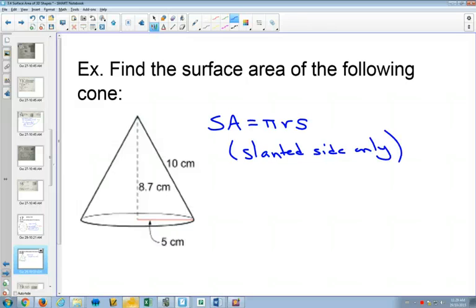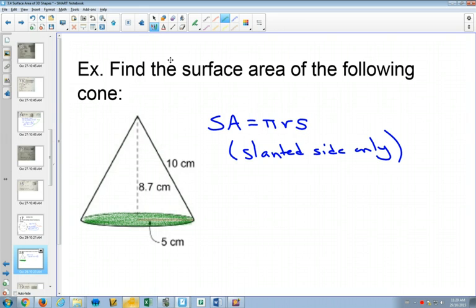What does that mean? That means that our formula sheet is not including the bottom. So if we want to find the surface area of the whole cone that includes the bottom, we're going to have to add the bottom to it.